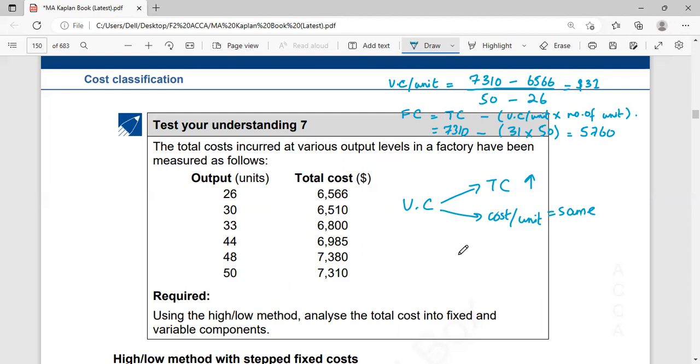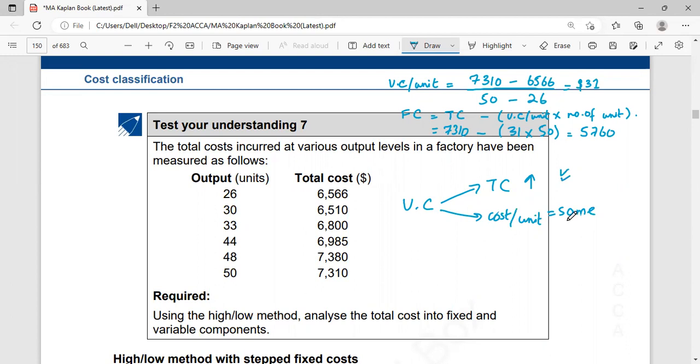So if a cost possesses these two characteristics, we will say that this cost is a variable cost. But what if a cost is possessing only one characteristic, that the total cost is increasing with increase in the activity level, but cost per unit is not constant, is not the same? So we will say that this cost is a semi-variable cost, because it is showing some characteristic of variable. It is not completely variable. So if a cost is not completely variable, it means it is a semi-variable cost.